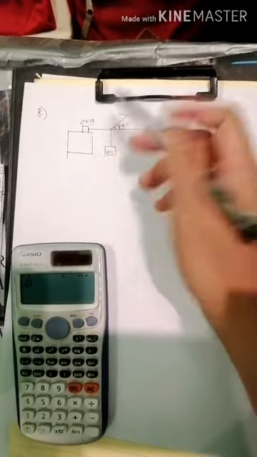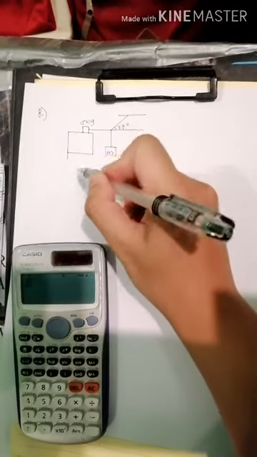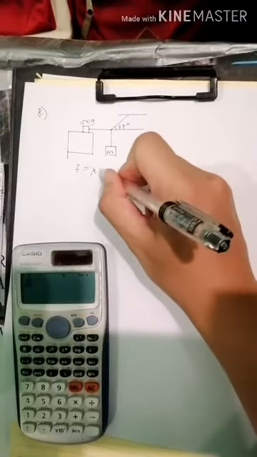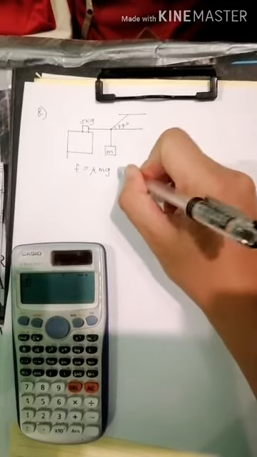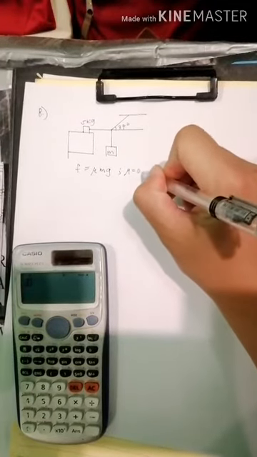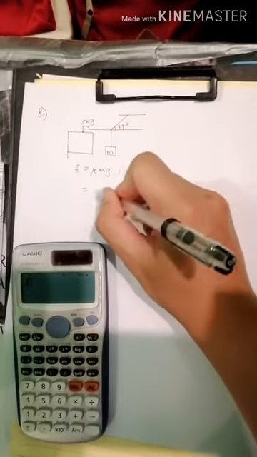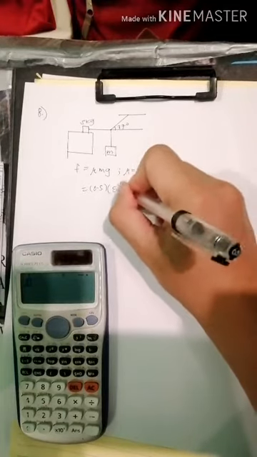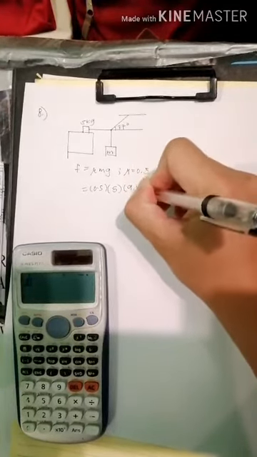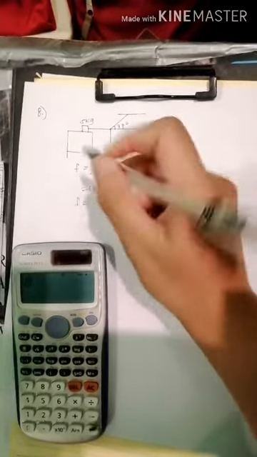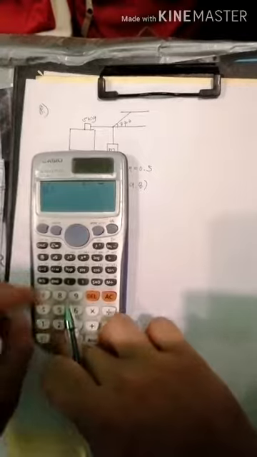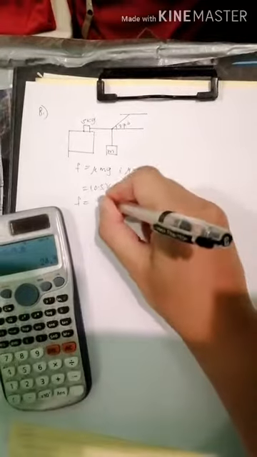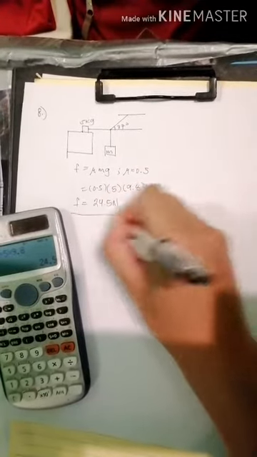Kasi may friction dito. So, F is equals to mu times mass times gravity. So, yung mu is equals to 0.5. So, 0.5 times the mass na 5 times 9.8. So, F is equals to 2.5 times 9.8, 24.5 Newton.